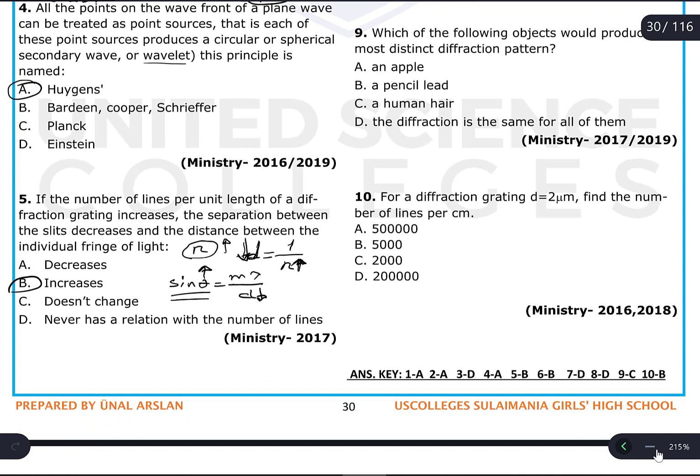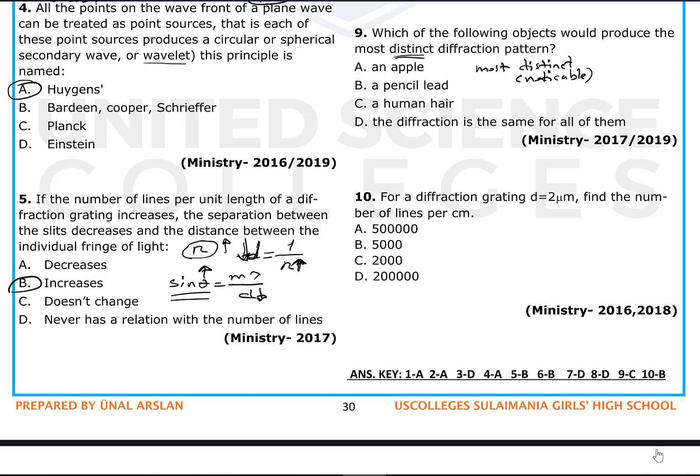Which of the following objects would produce the most distinct noticeable diffraction pattern? So for most distinct, noticeable, there are 2 quantities which affect this noticeability or distinctness.